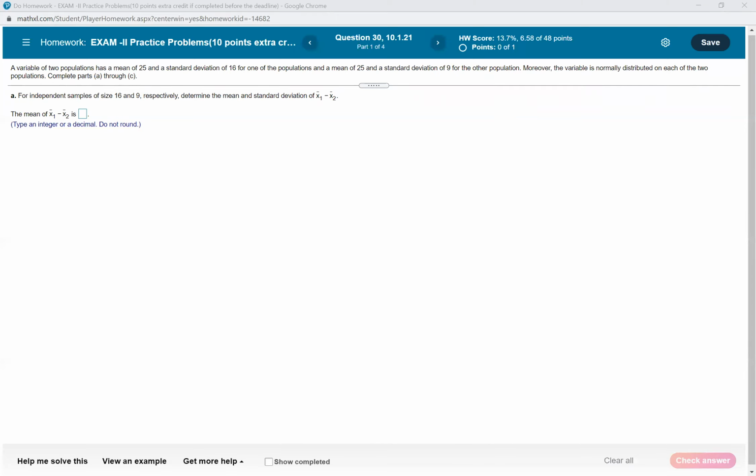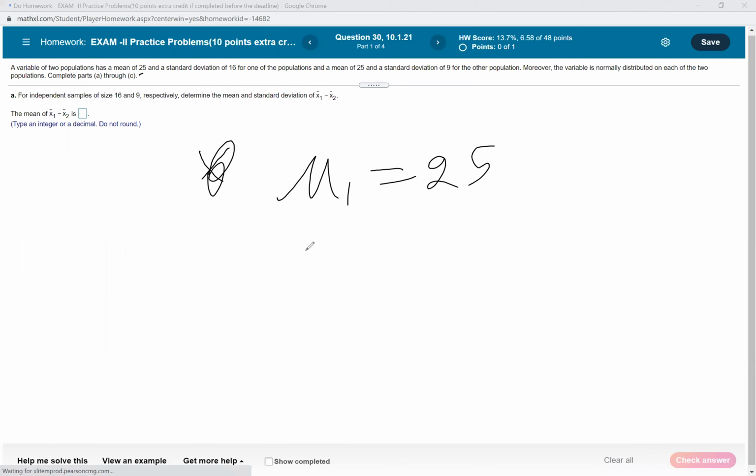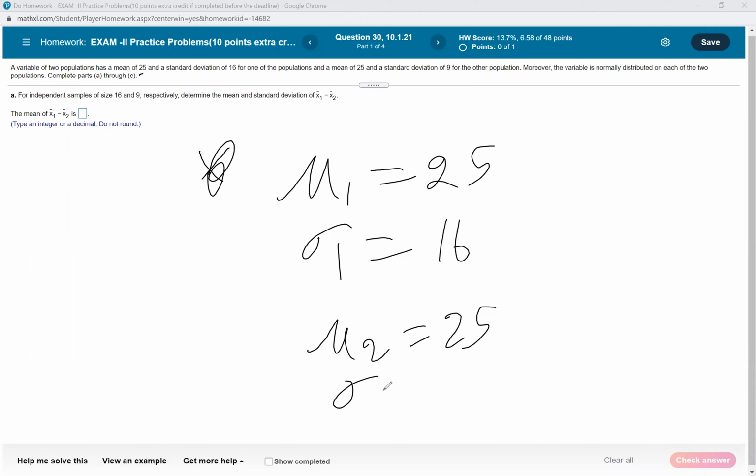So here actually we have mu1 is 25 and sigma 1 is 16, and mu2 is 25, sigma 2 is 9.